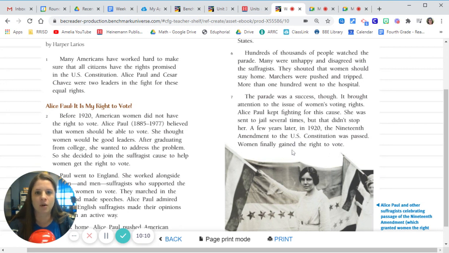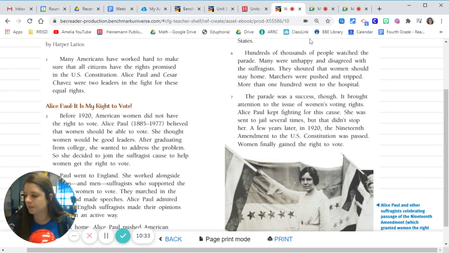Women finally gained the right to vote. When they're referring to women in this case, they're only referring to white women. People of color at that point still did not have the right to vote, and it took many, many more years of fighting to get that equality. So that's something also to keep in mind when you're reading informational text, is to cross-check information across multiple texts.